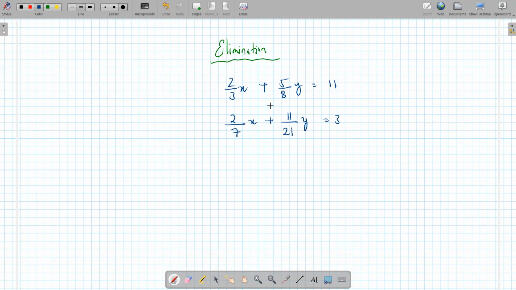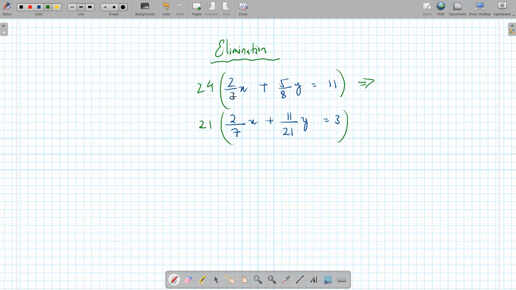Ideally, what you want to do is kill off the fractions. Here, look at this. What's the LCD between 3 and 8? 24, right? So you want to multiply equation 1 by 24, and the LCD between 7 and 21 is 21, so you want to multiply equation 2 by 21.